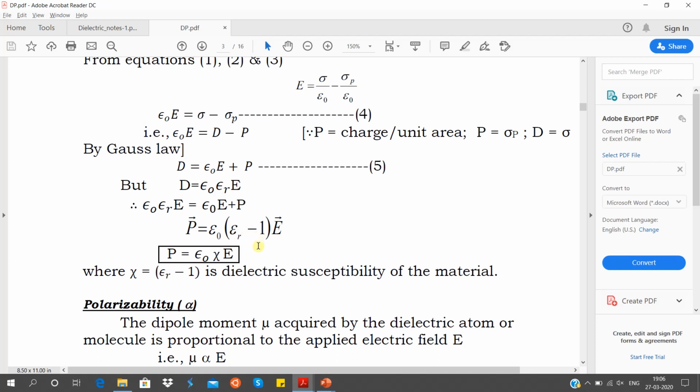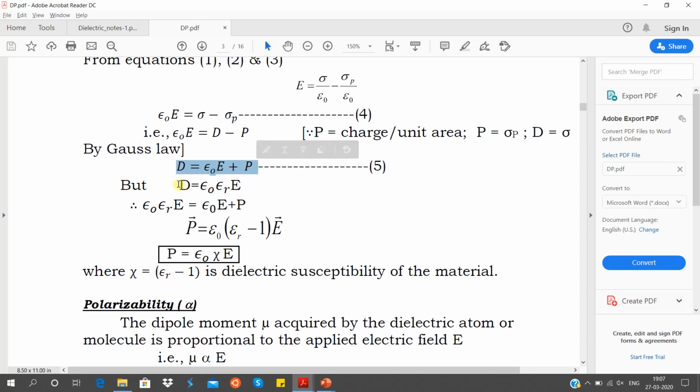We have come across a few relations in this particular session. The first one was obviously we started with the Gauss law, that was electric field is Q divided by epsilon naught A. Then we derived this relation between the three field vectors, that is the displacement vector D is epsilon naught, that is the permittivity of free space, into electric field plus polarization.